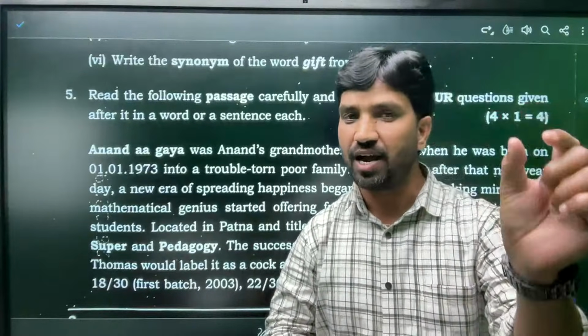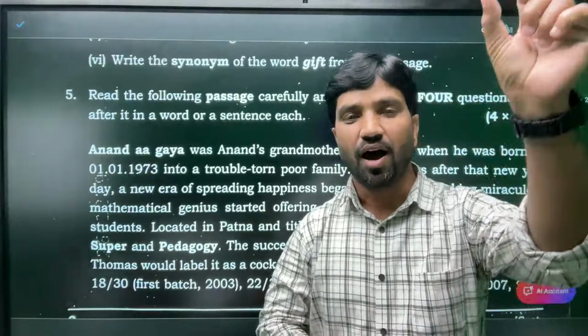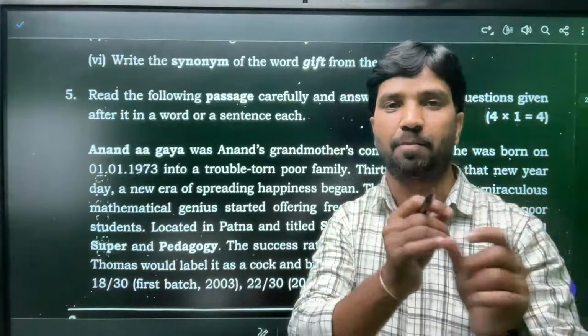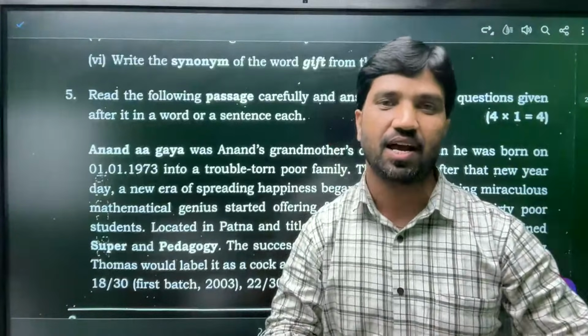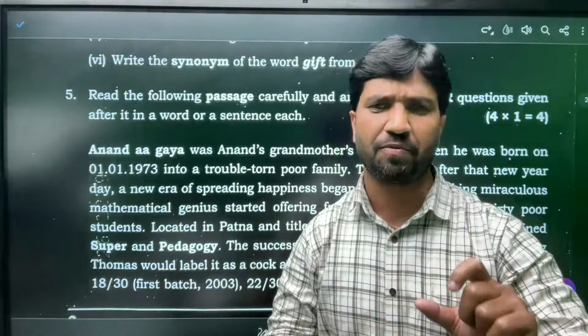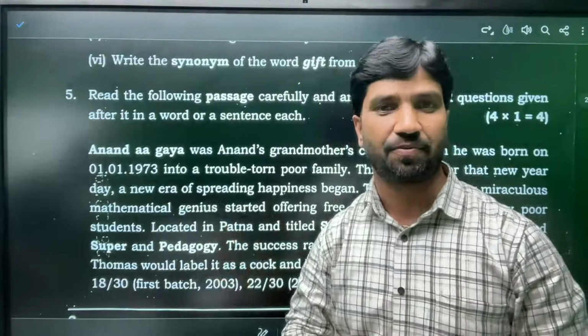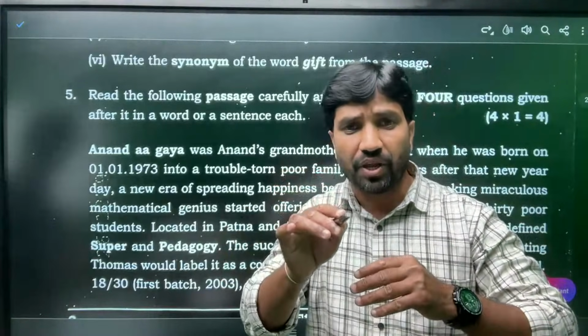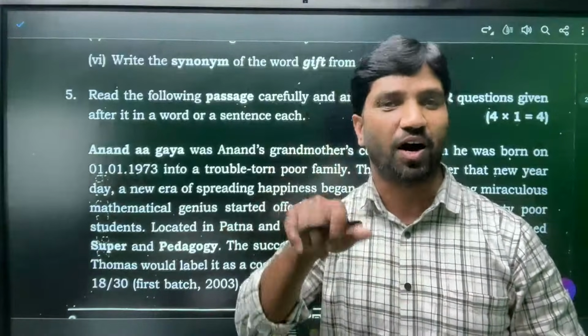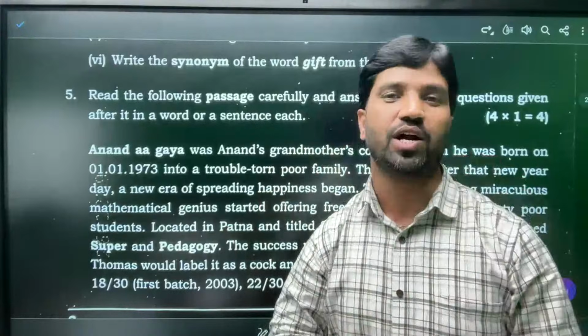When we start from section B, we get paragraph answers, like comprehension passages and reading passages, where we get the exact answer. Everybody will write that exact answer from there, so that it is easy for the examiner to correct. They give 4 marks for all the questions, so you need to start from there.